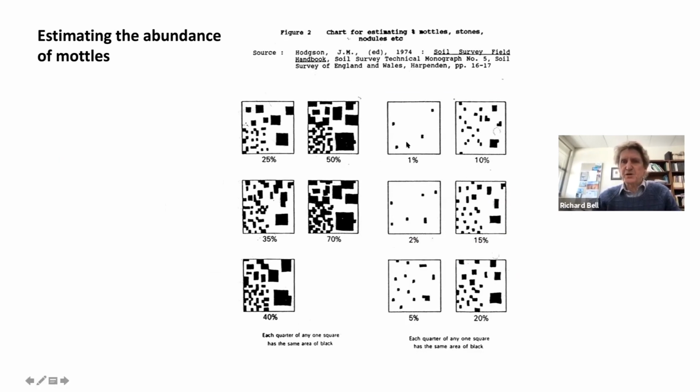So just looking at the mottling, we try and match it up with these different quarters and come to the closest approximation of how much mottling occurs. Of course, there can't be more than 50% mottling, because if it's more than 50%, it becomes the dominant color.